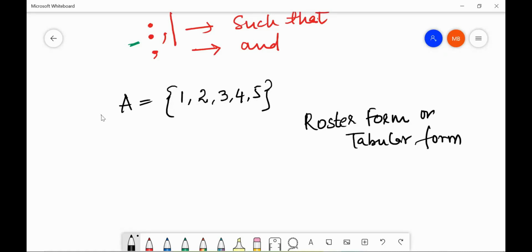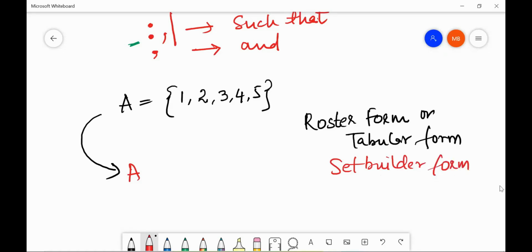We can convert this set into another form, which is known as the set builder form. Writing it for you, set builder form.